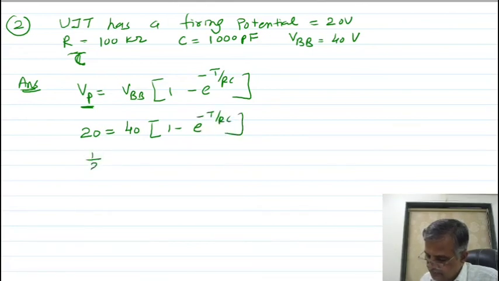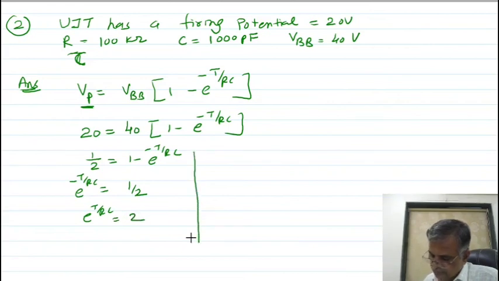So it is 1 by 2, equal to 1 minus e raised to minus T by RC. So e raised to minus T upon RC is again 1 by 2. So e raised to T by RC is equal to 2.